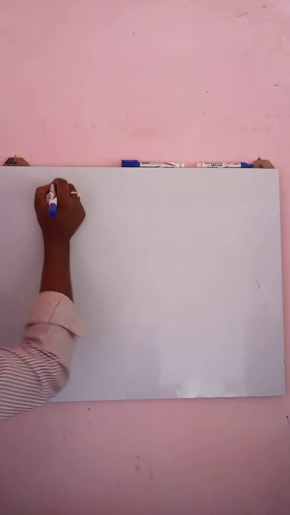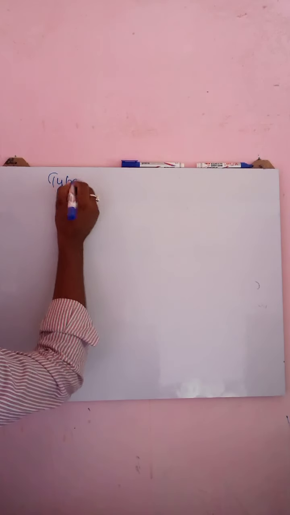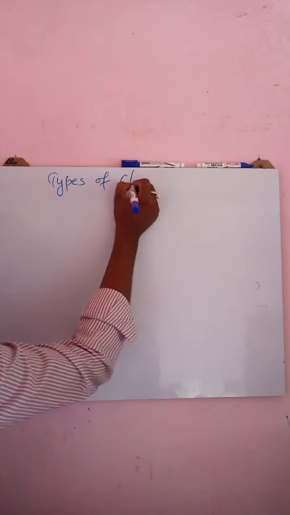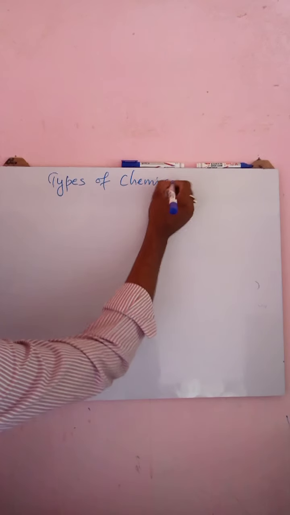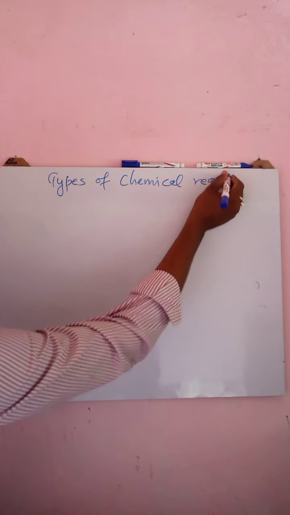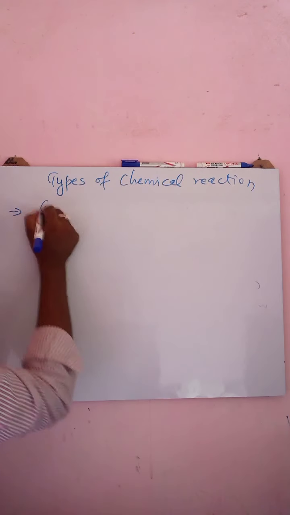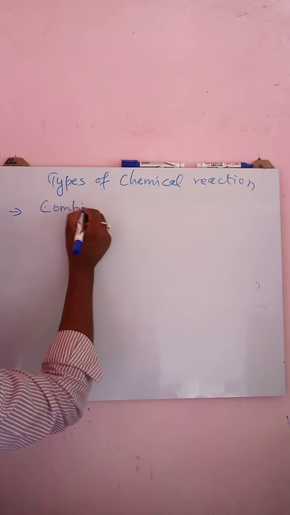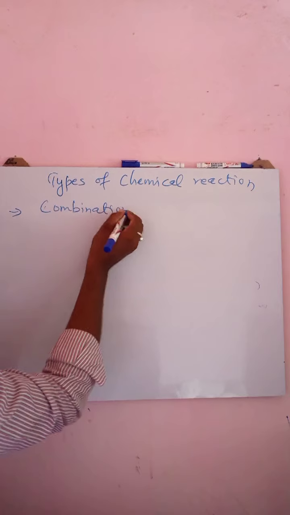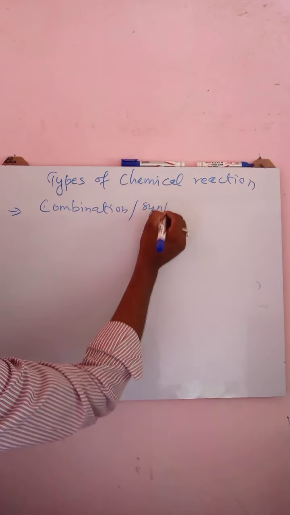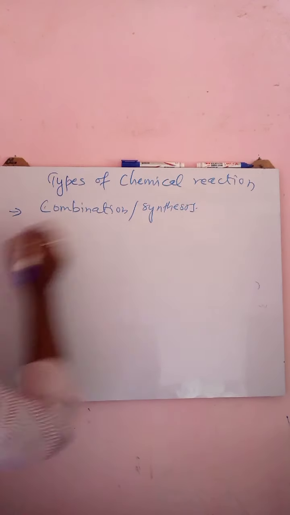Okay, now come to types of chemical reaction. Chemical reactions are of the following types. First is combination reaction, or synthesis reaction.